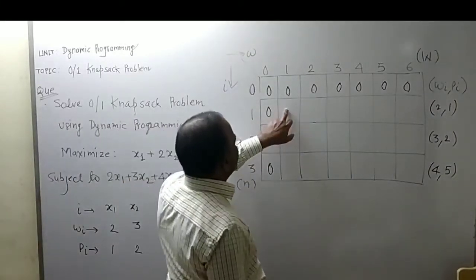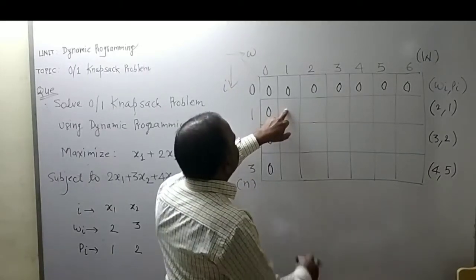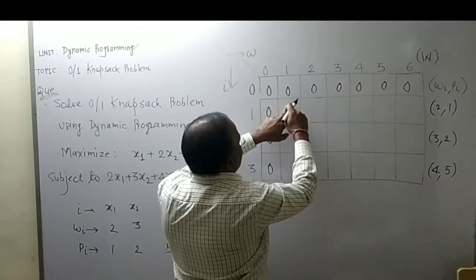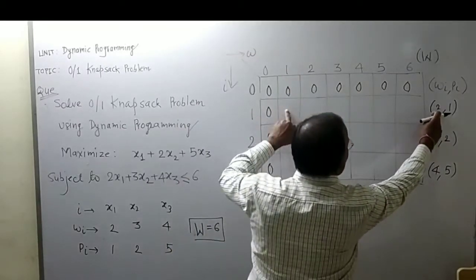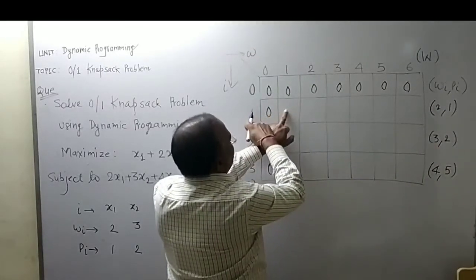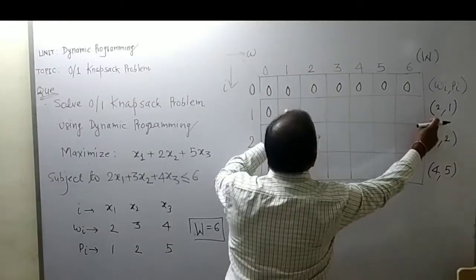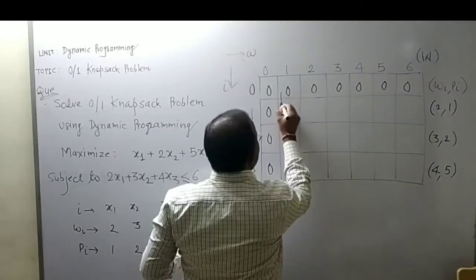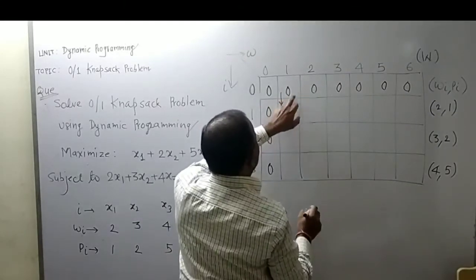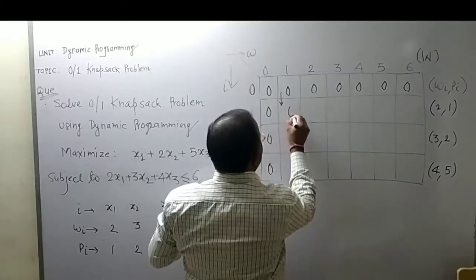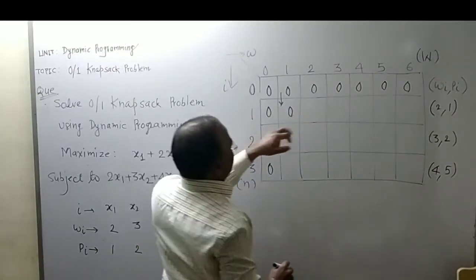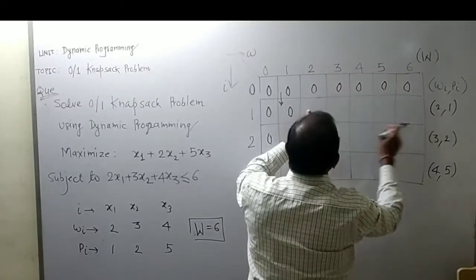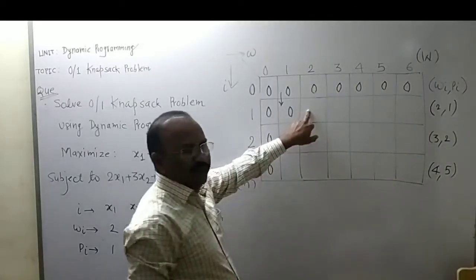Now start from this cell. First check the condition: if the column of this cell is less than the weight of the first object, meaning 1 is less than 2, yes, the condition is satisfied. That's why take the upper cell value, 0, as the value for this cell. Then check the condition: is 2 less than 2? No, the condition is not satisfied.